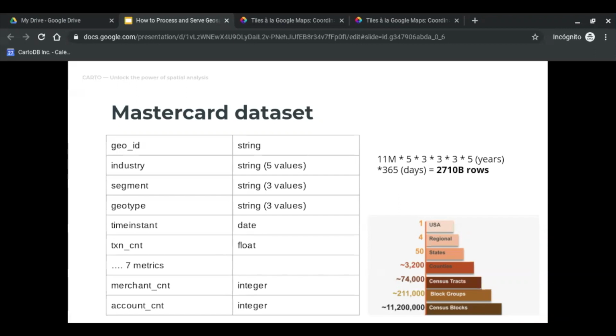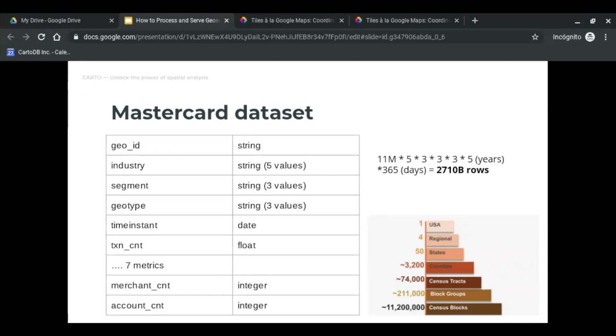It's like 200 meters by 200 meters. And for each territorial unit you will have a data set of transactions. There you will have the time, which is a constraint, and you have 3 different fields for 3 different kinds of categories. So the amount of data that you have per single boundary, that is for every single region of the space, is 5 times the number of categories, times 3 segments, times 3 geotypes, times 5 years of data.